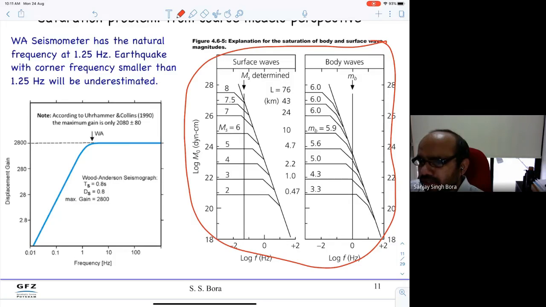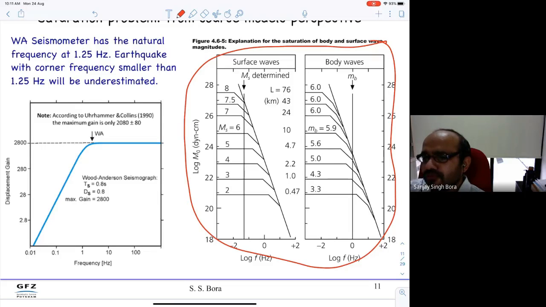If you want to understand why they saturate, you should have seen this picture. Anyway, I will try to explain it. As much as you can understand is fine. I do not expect you to understand this figure at this moment, because I will explain it later also.